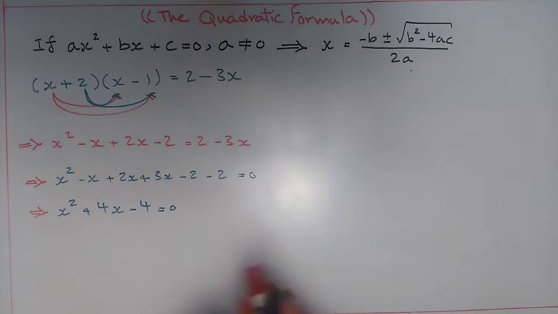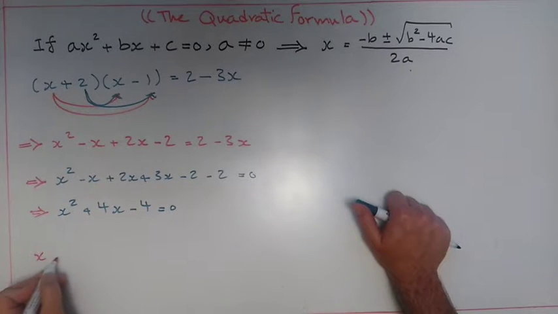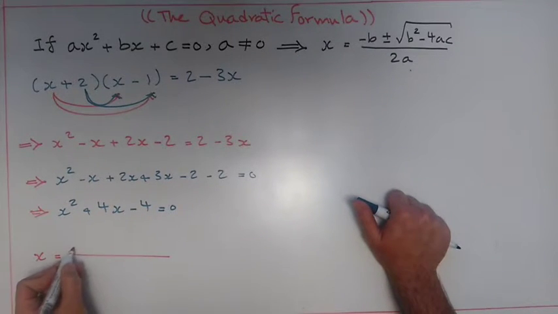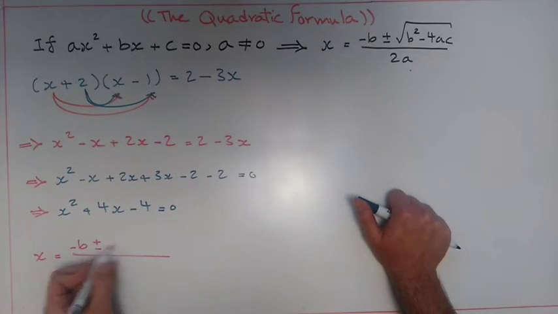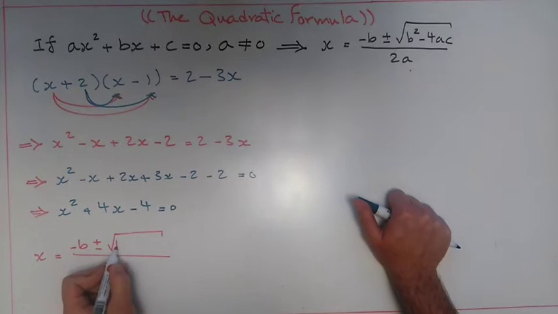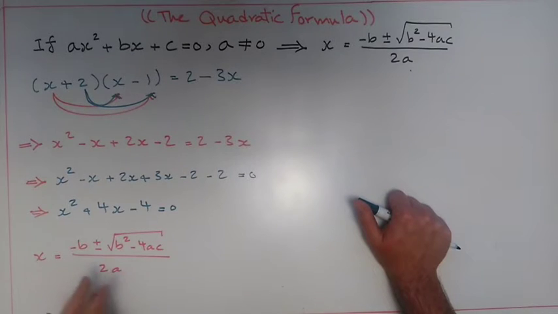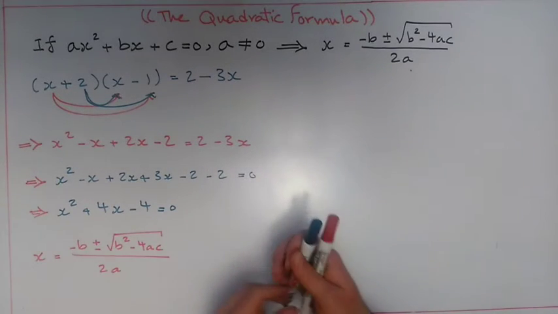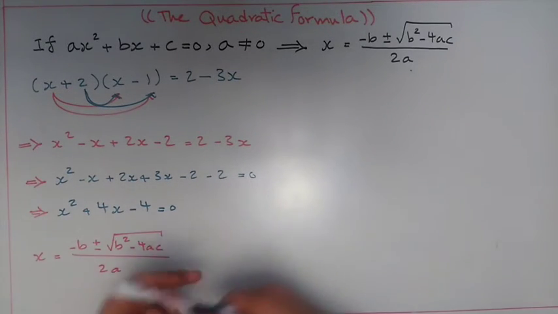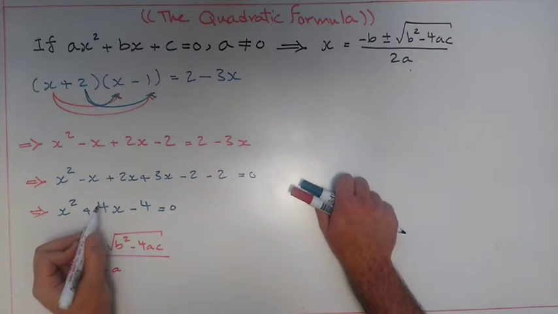Now my equation is x equals negative b, positive or negative, the square root of b squared minus 4ac over 2a. Now this one is my b value.